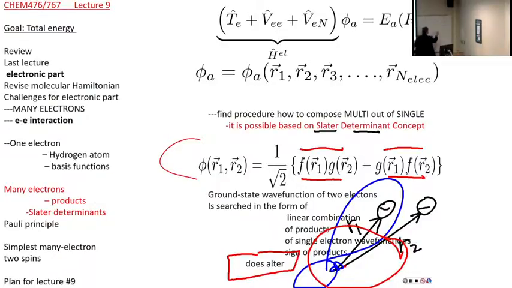So if we do see the combination of phi 1 of R1 times phi 2 of R2 minus phi 2 of R1 times phi 1 of R2, can we make a connection?